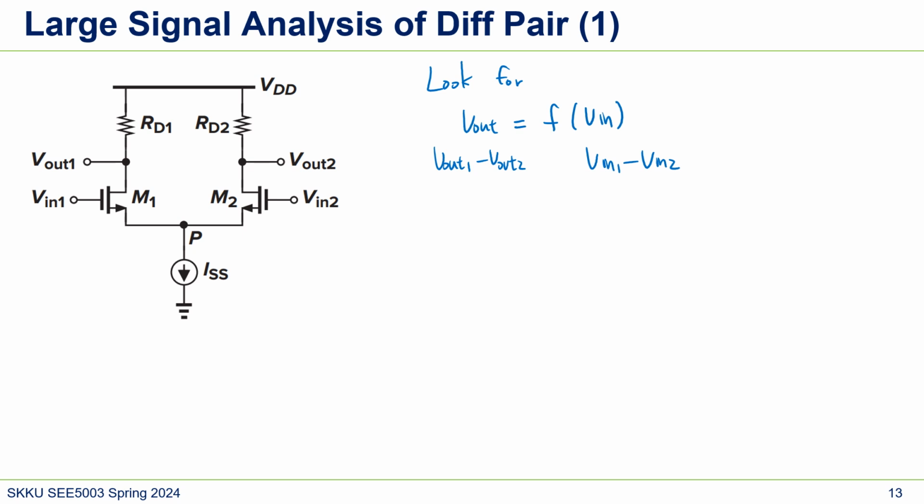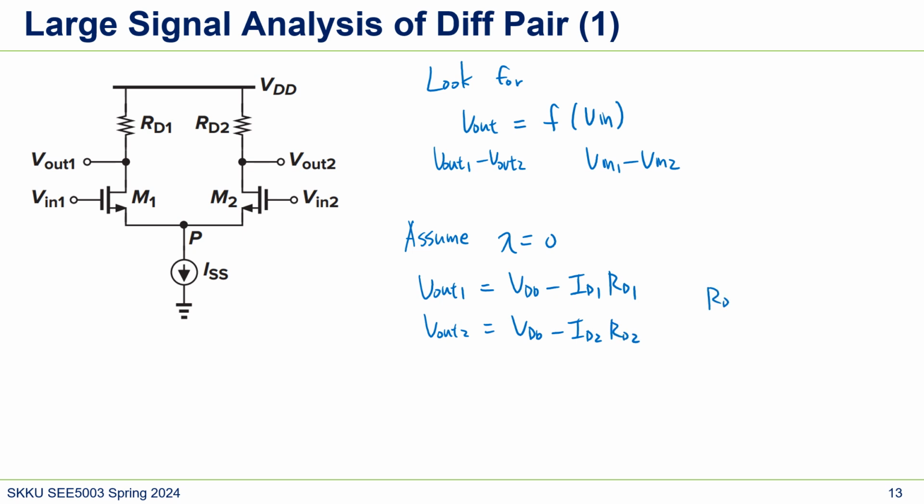If you look a little further at the circuit, first assume lambda is 0, which means we're going to ignore the channel length modulation. V out 1 is VDD minus ID1 RD1, right? Because we're looking at the large signal model. And V out 2 is VDD minus ID2 RD2.